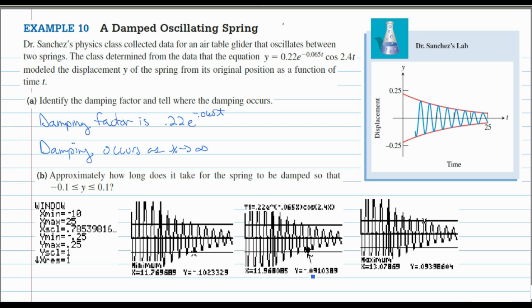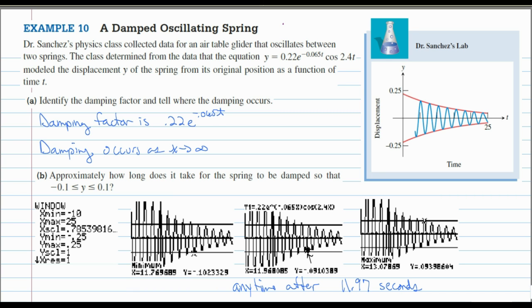So I'm going to state that anytime after 11.97, is it seconds? Well, it's a glider, so I'm going to guess seconds. It doesn't really say, does it? Okay, so we'll say seconds. Anytime after 11.97 seconds.